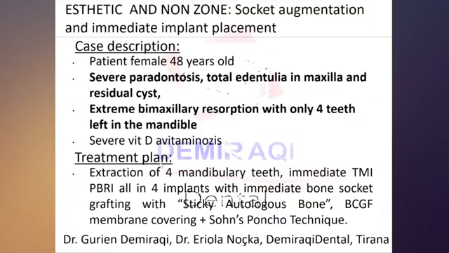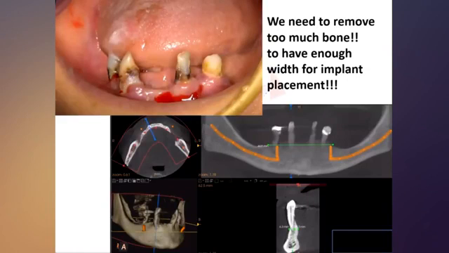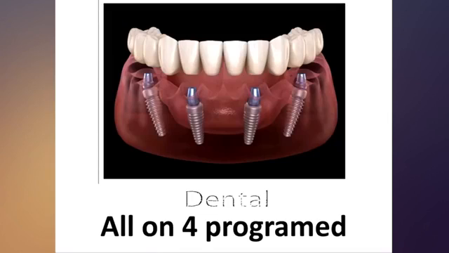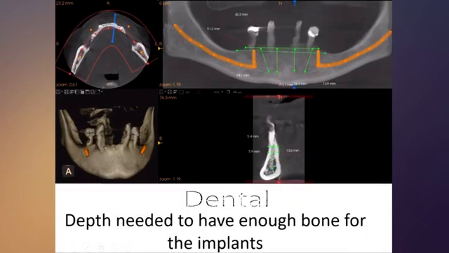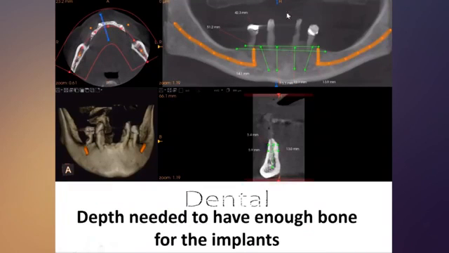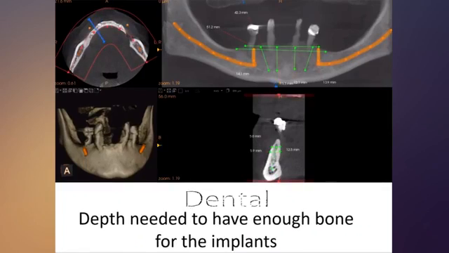Another case, parodontosis, and here I went for a combined solution, all on 4 and all on 6. All on 4 in the lower jaw, all 4 teeth were extracted, but as you can see, there is this very thin bone, which I didn't want to go much lower because that would create a very big gap with the upper one, and I don't want that for my patient.